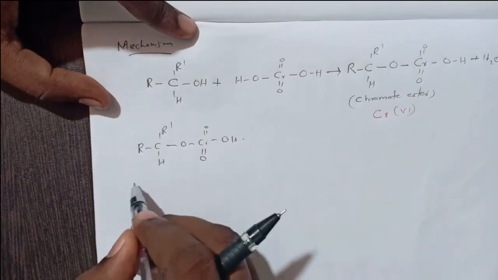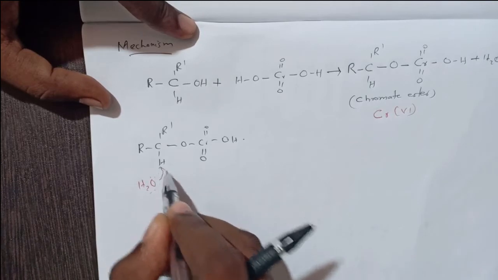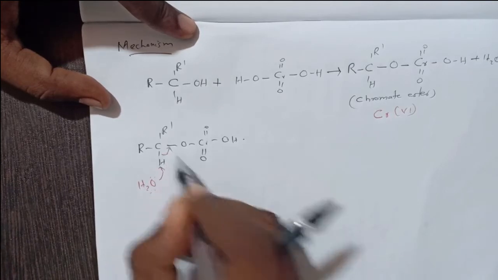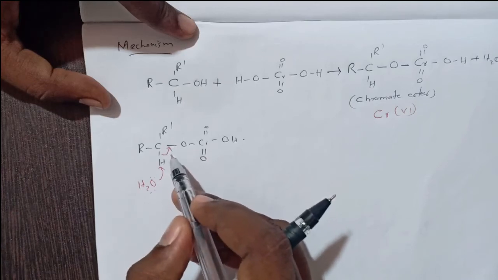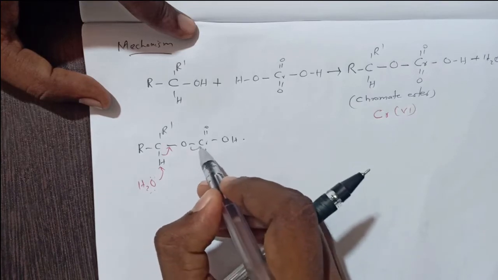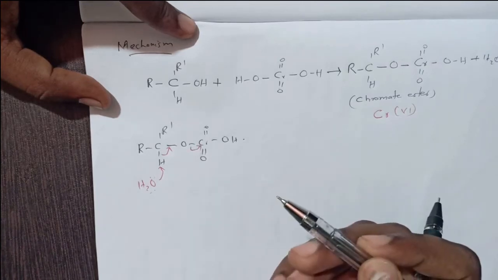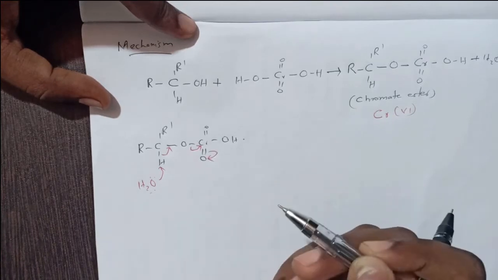That means a solvent water, H2O, abstracts this proton and this bond goes to here. There forms a carbon double bond oxygen, and this bond cleaves and this bond shifts like this.